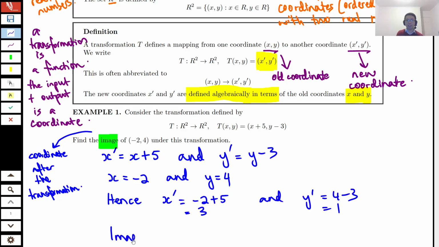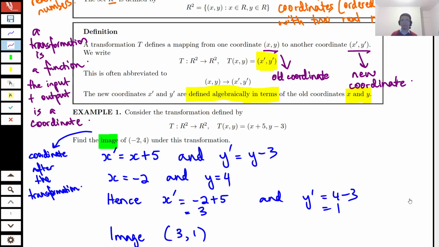The image, my new coordinate, is (3, 1). So let's just quickly check. Does this agree with what the transformation defines? I've increased the x value by 5, and I've decreased the y value by 1. Yes, that matches what we've got here.